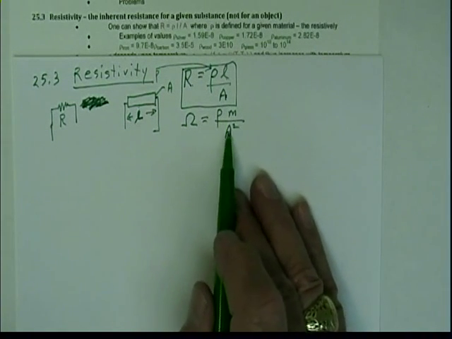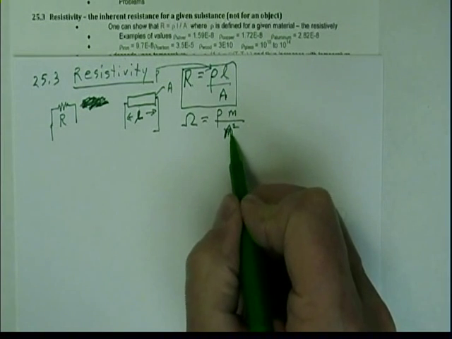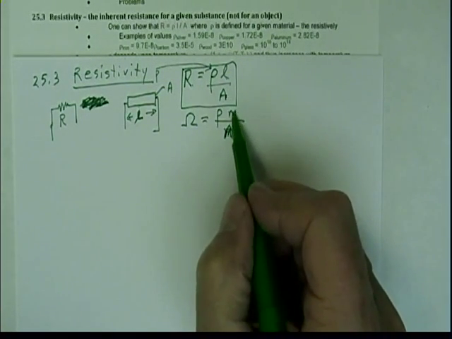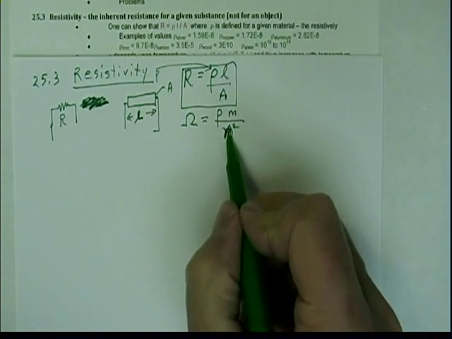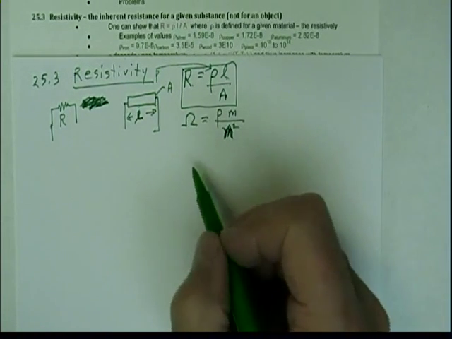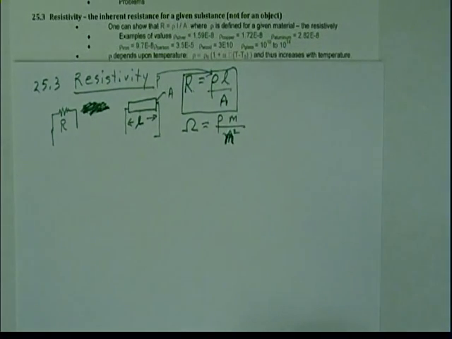So rho is going to have units of, since this is meters, I should write it as meter squared. If I take this meter and cancel one of these meters here, then I'm left with 1 meter, and rho can be seen to be a meter times an ohm. And those are the units that we have here, which are the SI units for that.